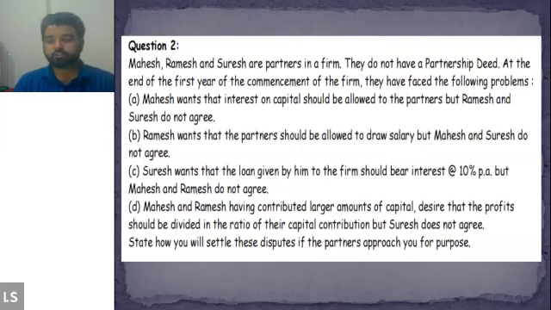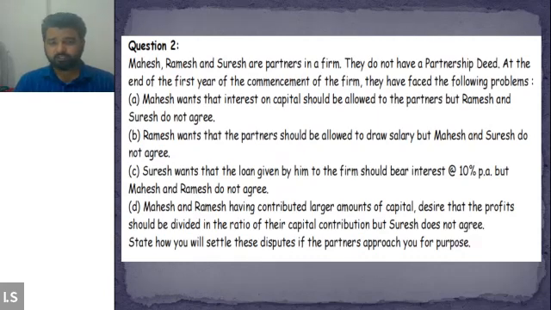So whether Ramesh will be entitled to claim the salary or not? No, the answer is the same, because there is no partnership deed regarding the withdrawal of salary. If the partnership deed talks about the payment of salary to Ramesh for his active participation in the business, then only Ramesh will be eligible to ask for the salary.